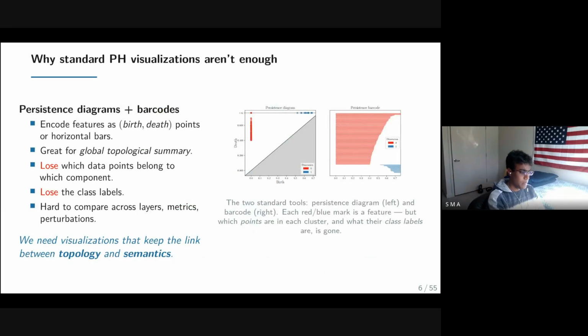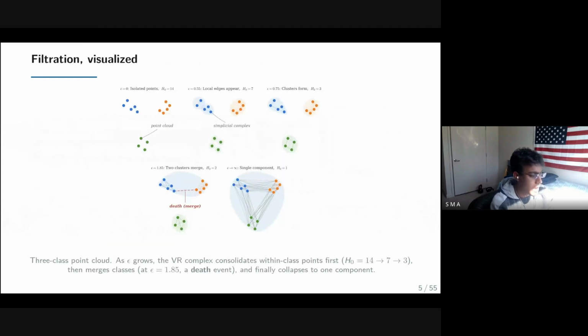And again, here are some standard persistent homology visualizations. These are the two standard tools that people use to visualize it: one is a persistence diagram, and the other one is the barcode. They represent your birth and death times, or the thresholds, like what I mentioned back here.